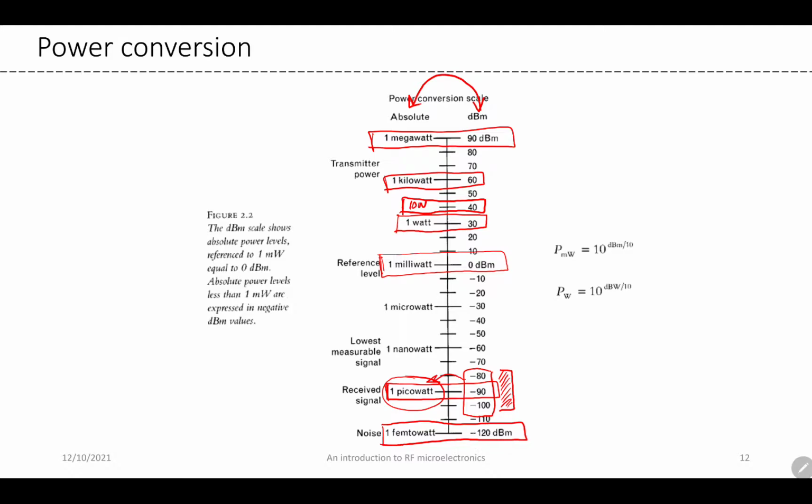Okay, so as you can see, we can go all the way from a femtowatt to a megawatt with just a few numbers, right? Minus 120 to 90, and you can cover the entire absolute power range, all the way from 10 to the power minus 15 to 10 to the power 6.